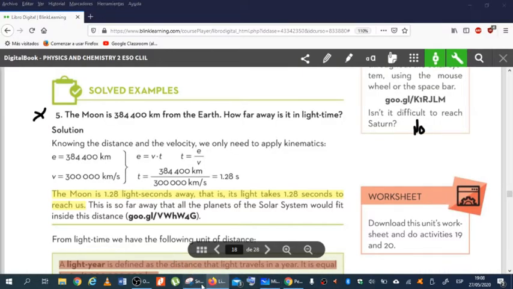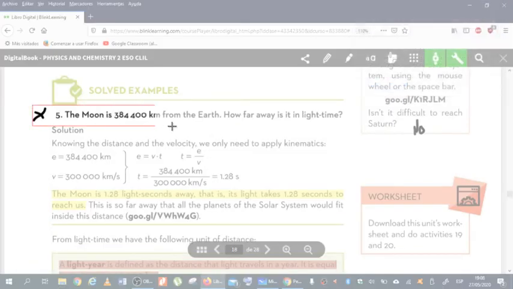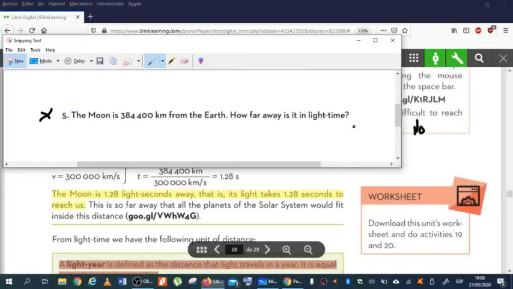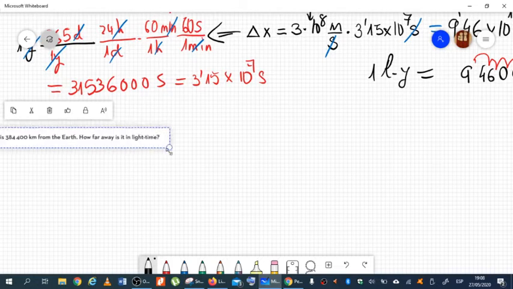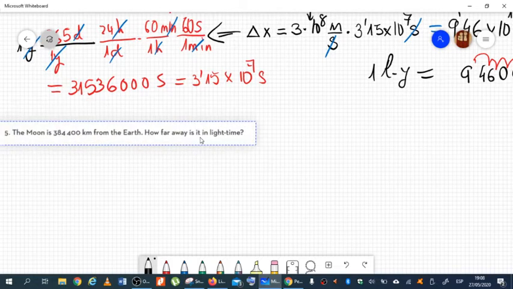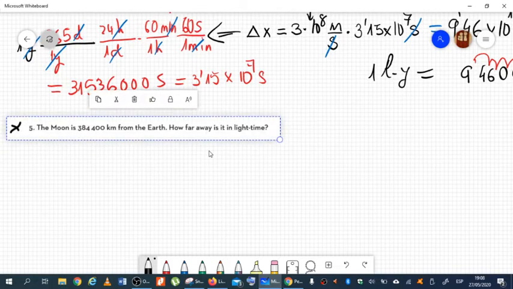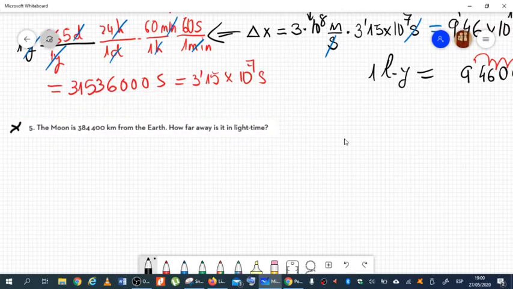Okay, this is a solved example, but we are going to do it here without looking at the solution.